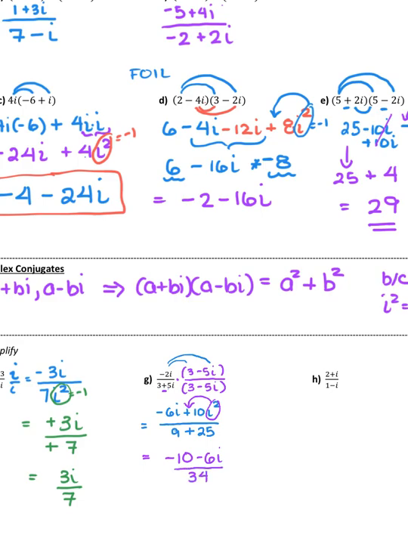Now, you might think, oh, we're done. But we always want to reduce to lowest terms. Notice that every number here is even. That means I can factor out a 2 from the top and a 2 from the bottom.